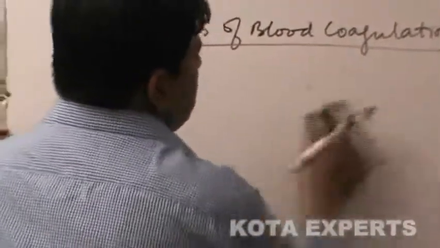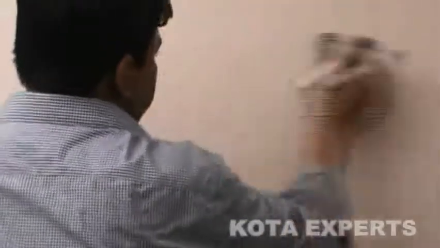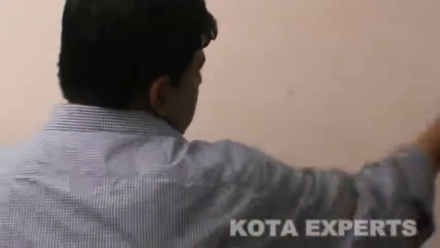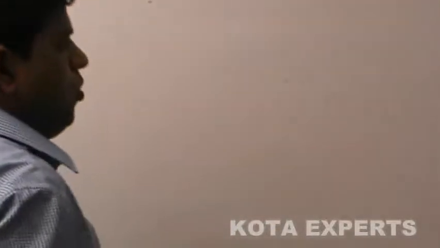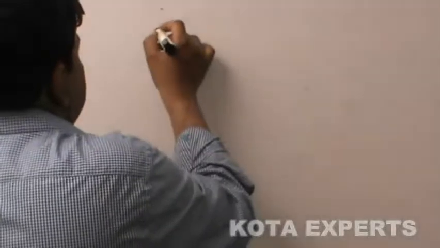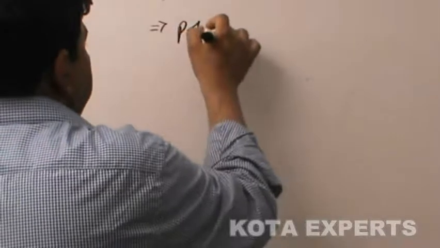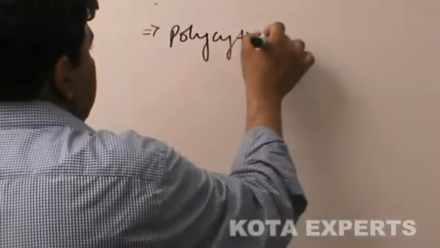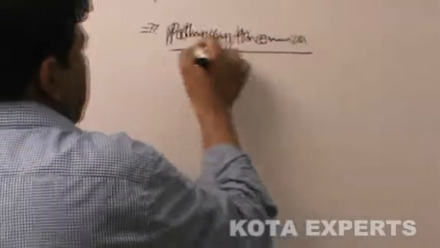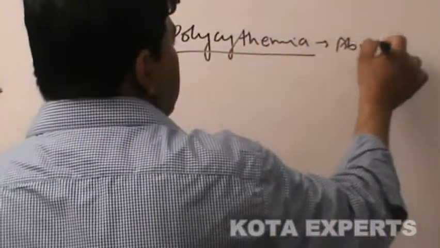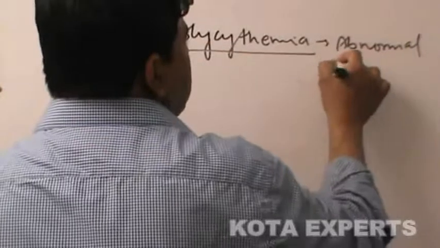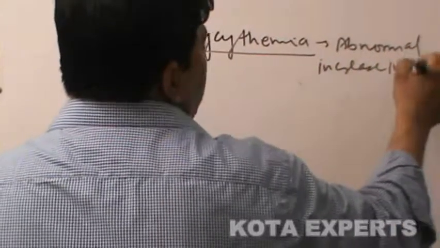This blood is very necessary for the body because it transports respiratory gases as well as different types of vitamins, nutrients or minerals. Now there are some conditions such as polycythemia, that is an abnormal increase in RBC.